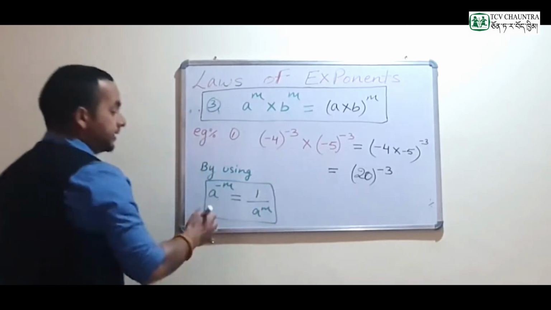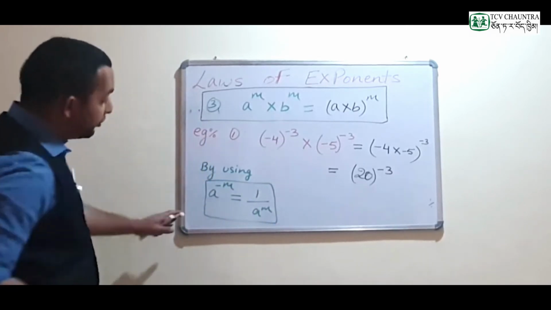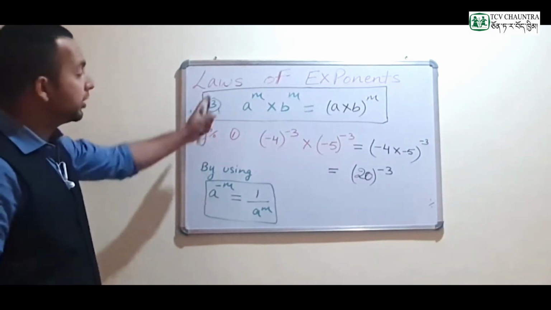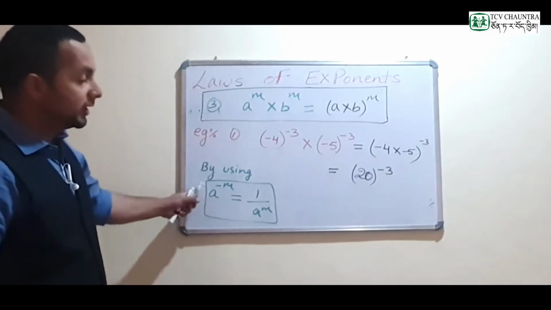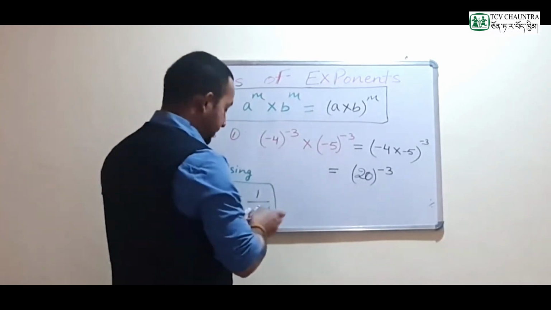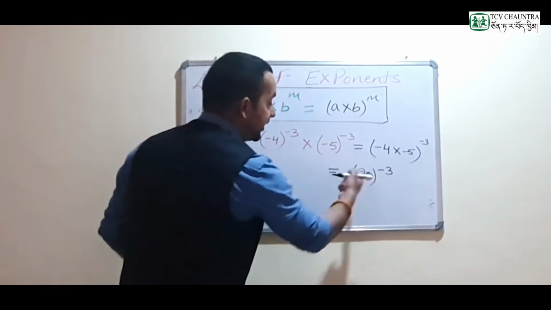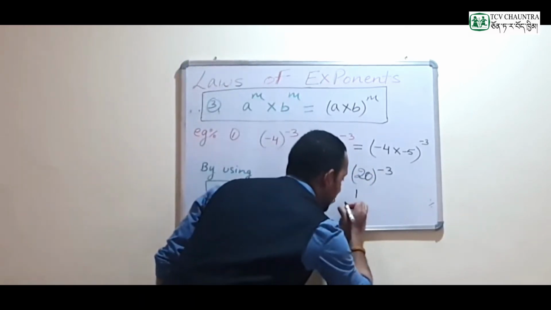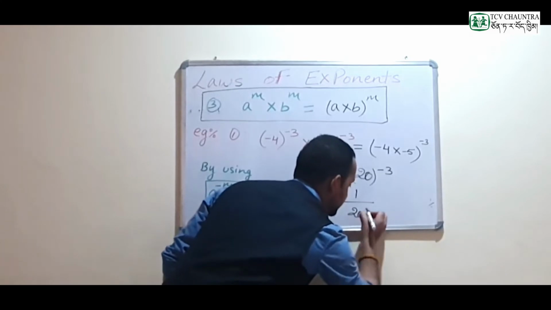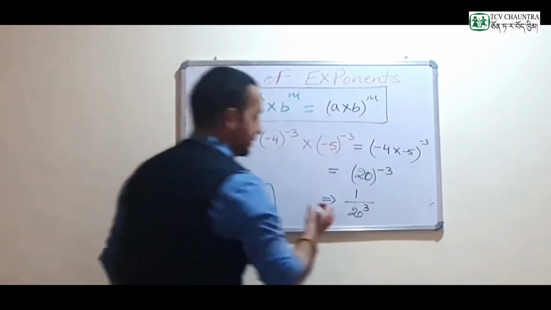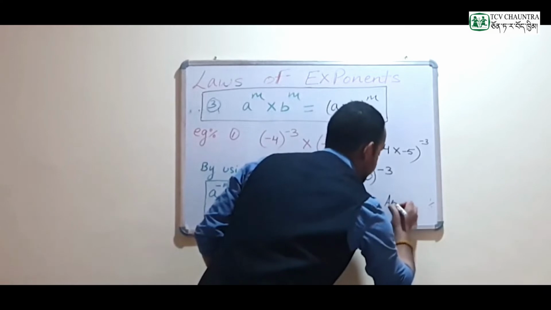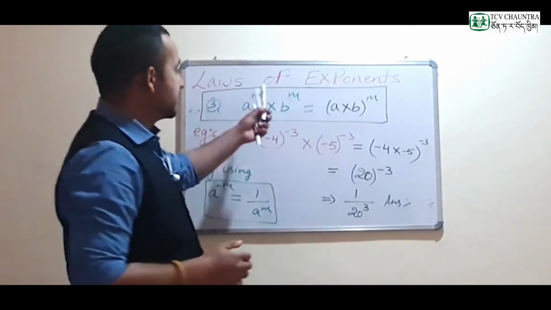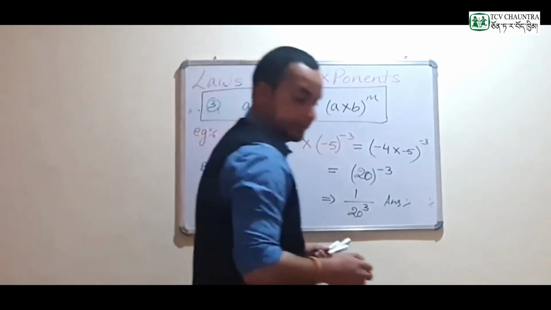Now we are making the reciprocal of this number. So when we make reciprocal, it will become 1 upon 20 raised to the power 3, which is your answer. This is the third law of exponent.